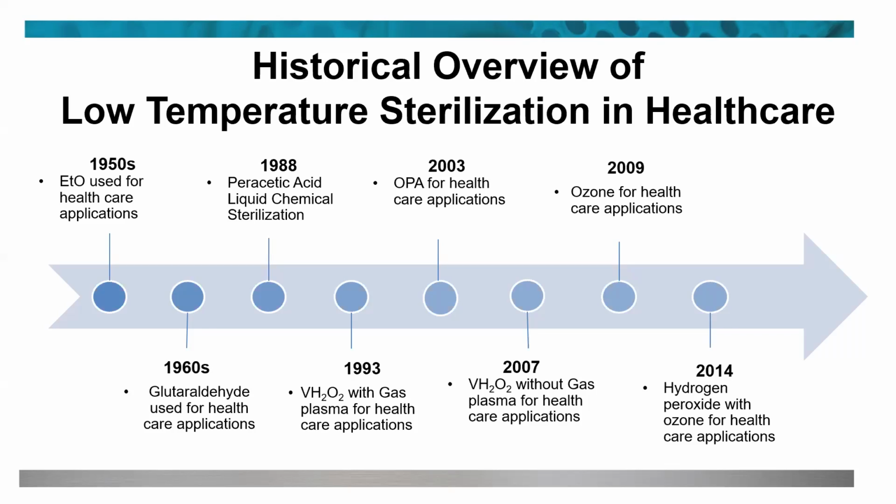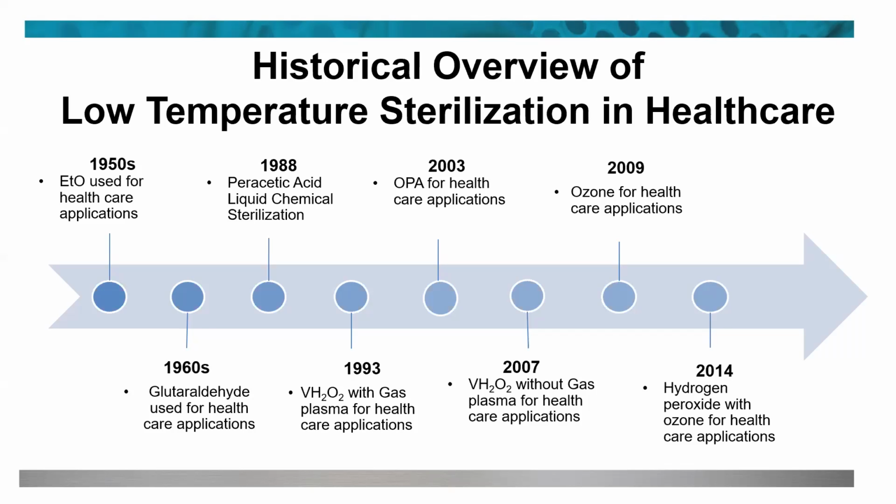So then in 2003, we started noticing more growing concerns for glutaraldehyde, and OPA became the safe aldehyde that we could use. However, again, we see long processing times for the long soak times for that also. And again, we don't have any shelf life.